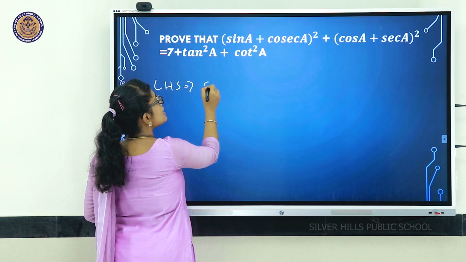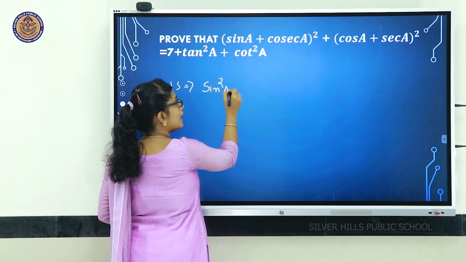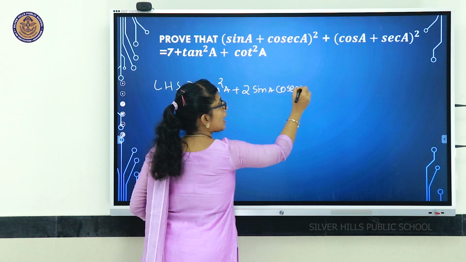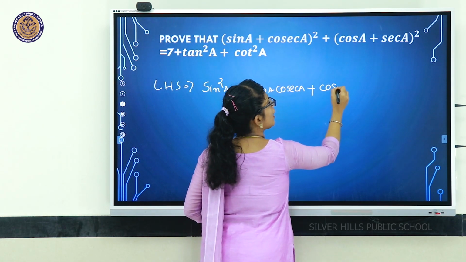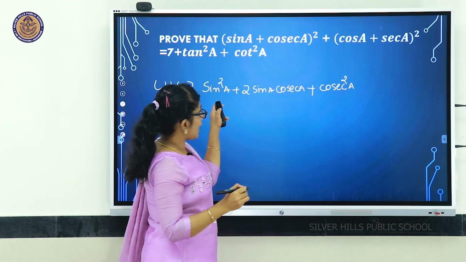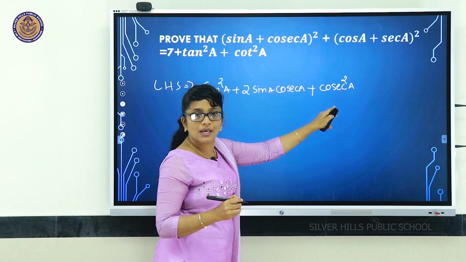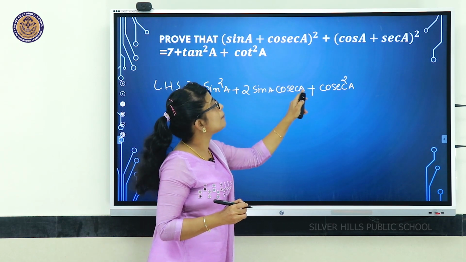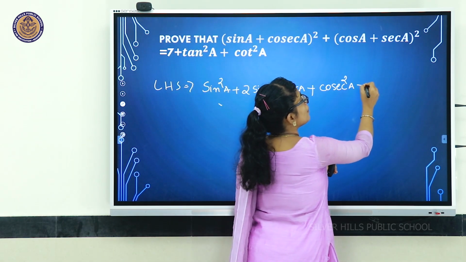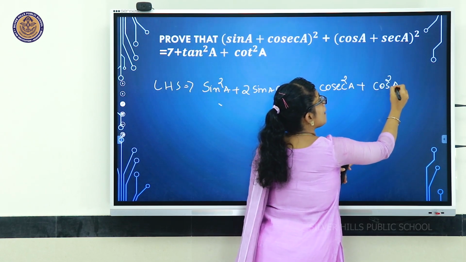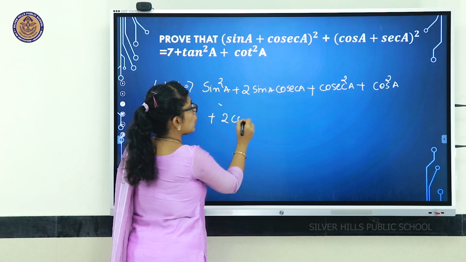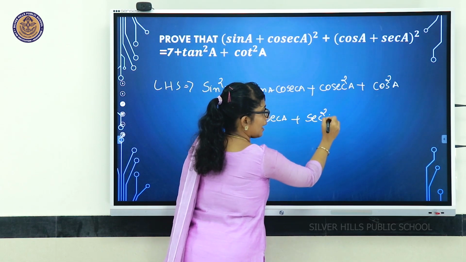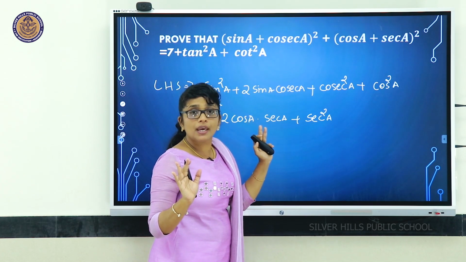So we can write sin square A plus 2 sin A into cosec A plus cosec square A. Next term: cos square A plus 2 cos A into sec A plus sec square A. That is also (A plus B) whole square.